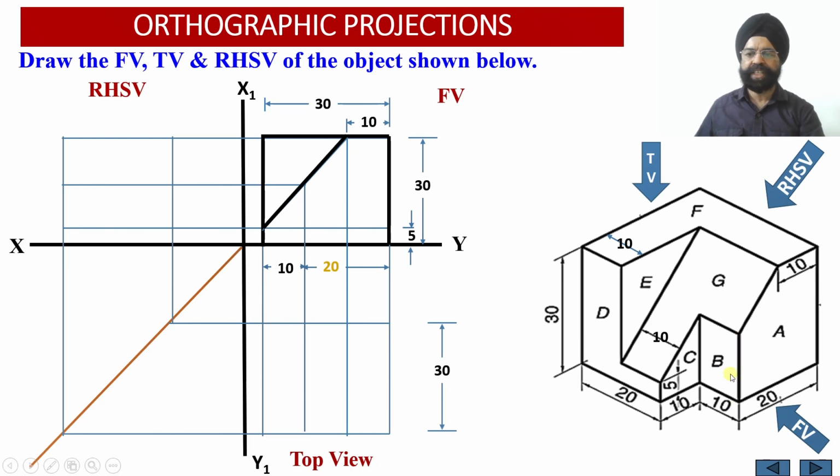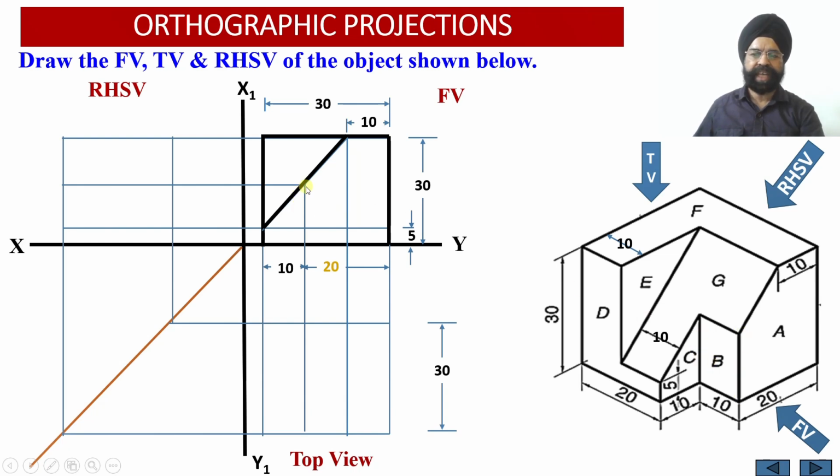These two edges will again coincide with each other, because this surface B happens to be perpendicular to the vertical plane. This is my vertical plane. So this surface B is perpendicular to the vertical plane, and this edge and this edge are again going to coincide with each other.